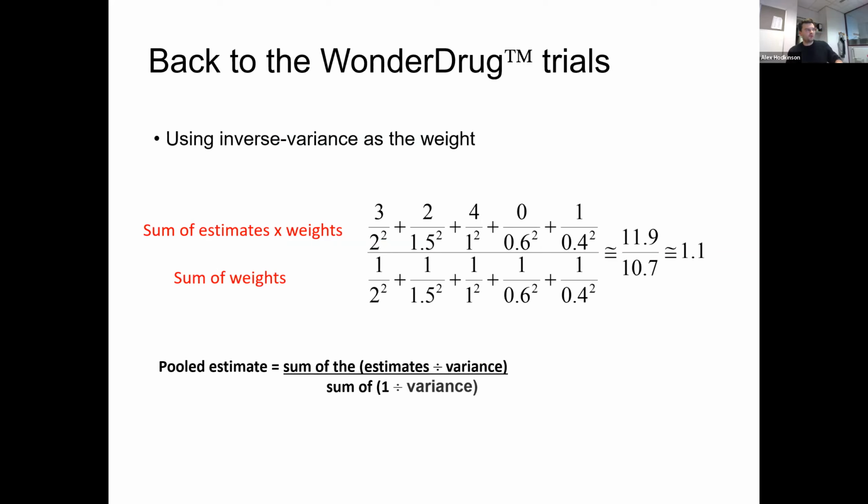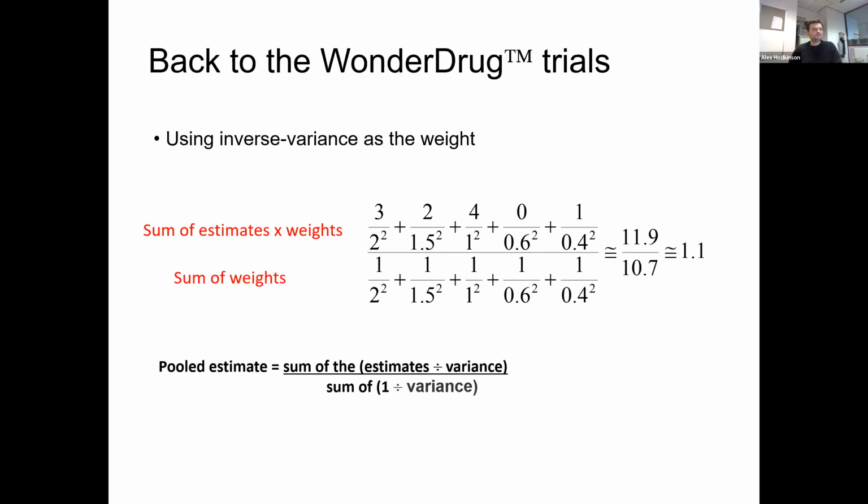If we go back to our wonder drug example and apply this formula to the data, we're using the sum of the estimates divided by the variance, divided by the total sum of the inverse of the variance. Plugging the values in, we end up with a pooled estimate of 1.1.